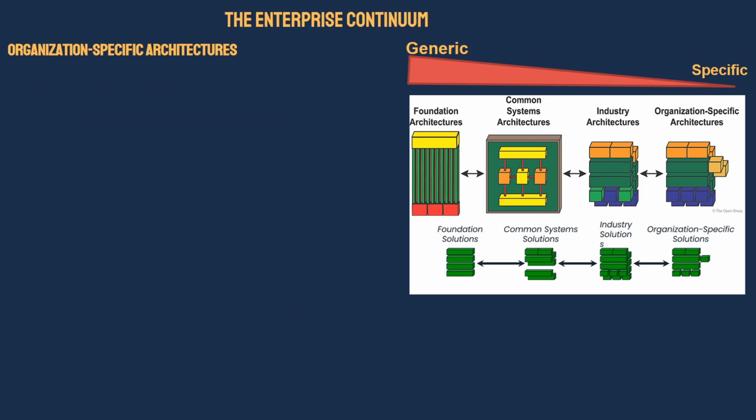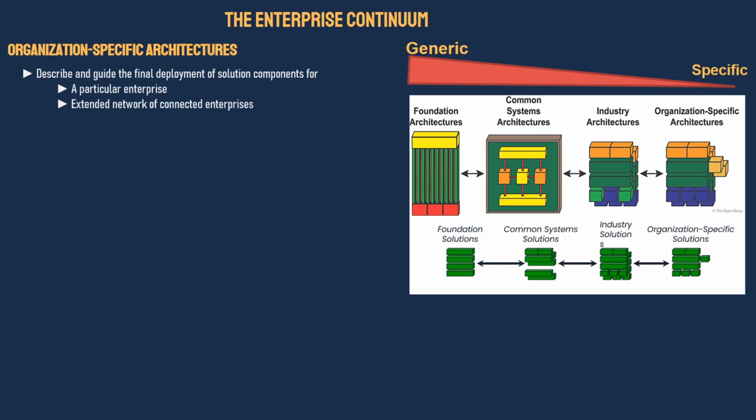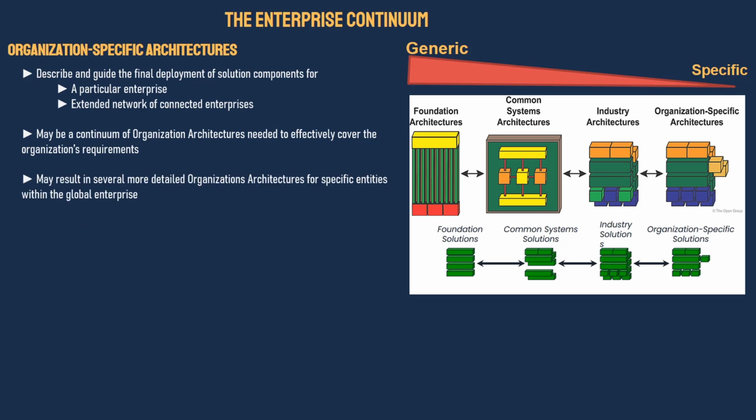Organization-specific architectures describe and guide the final deployment of solution components for a particular enterprise. In an extended network of connected enterprises, a continuum of organization architectures may be needed to effectively cover the organization's requirements. This may result in several more detailed organization architectures for specific entities within the global enterprise.